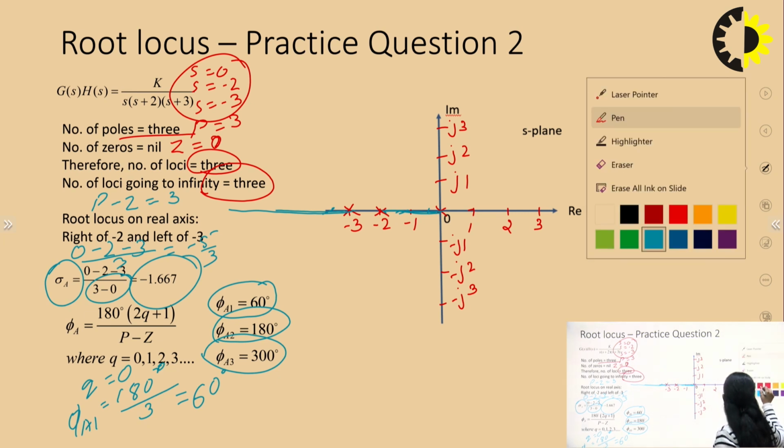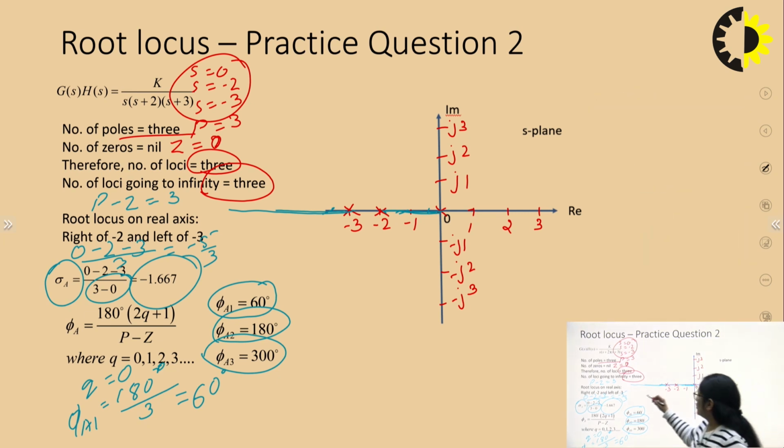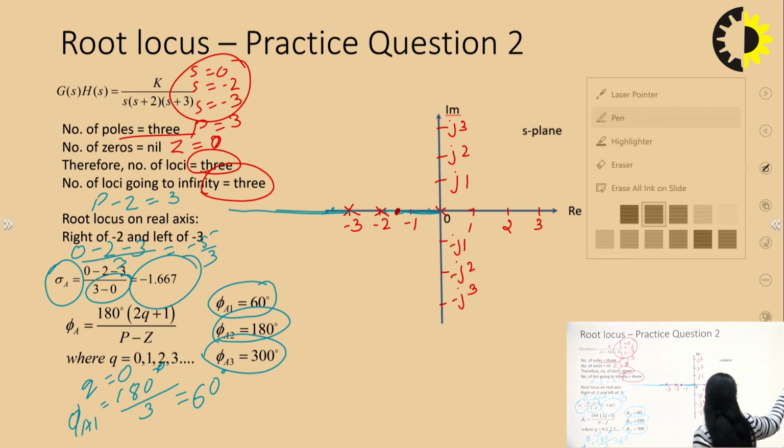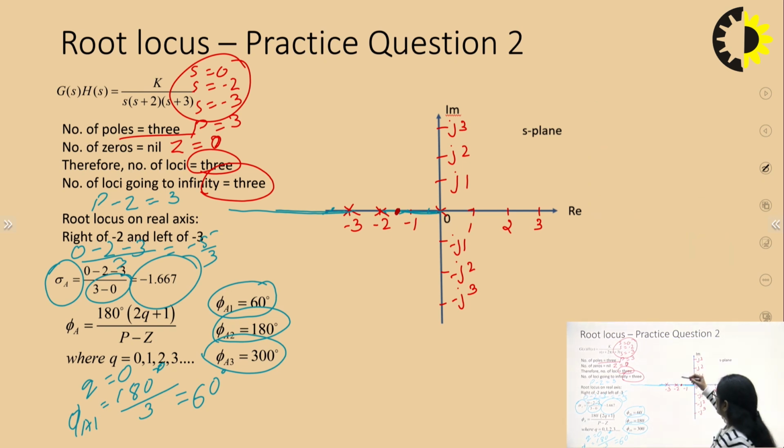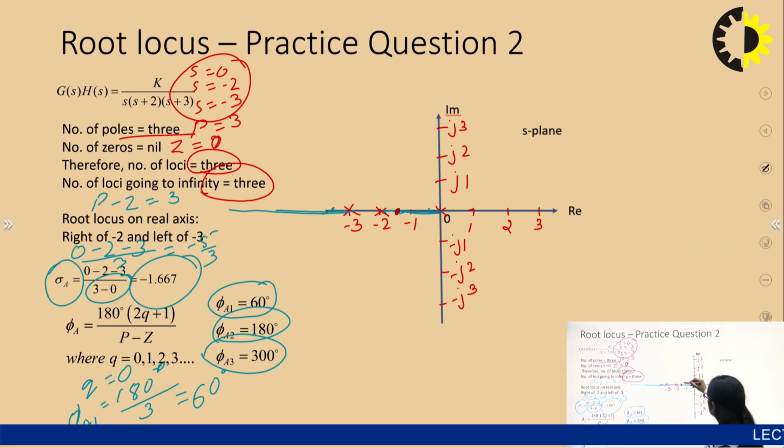Minus 1.67 tells us at which angle the loci will go towards infinity. So, this comes out to be here, minus 1.67, and the 3 angles are 60 degree, 180 degree and 300 degree. 60 degree is around somewhere like this.